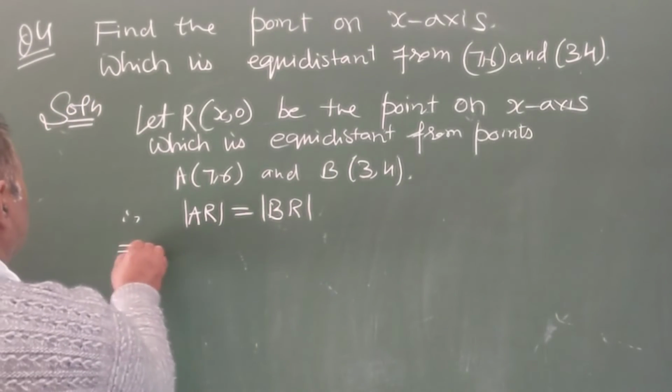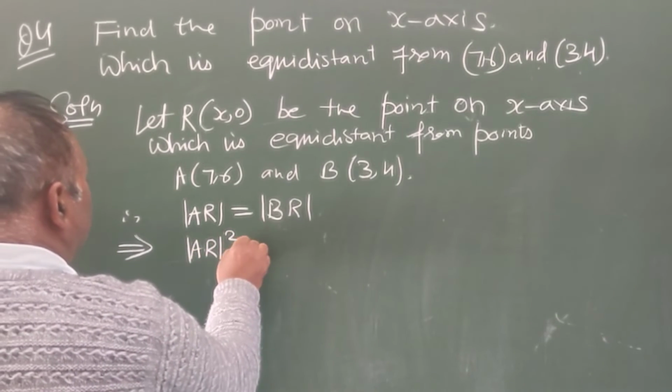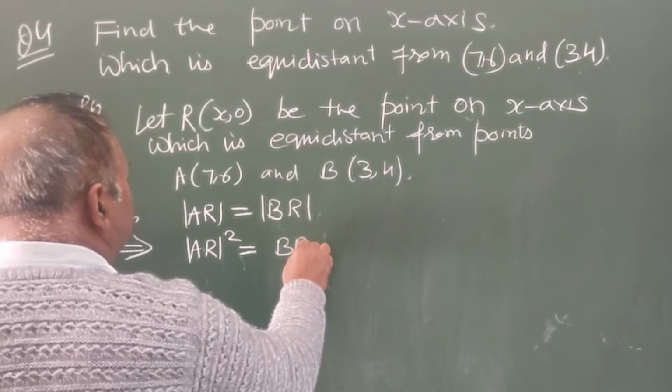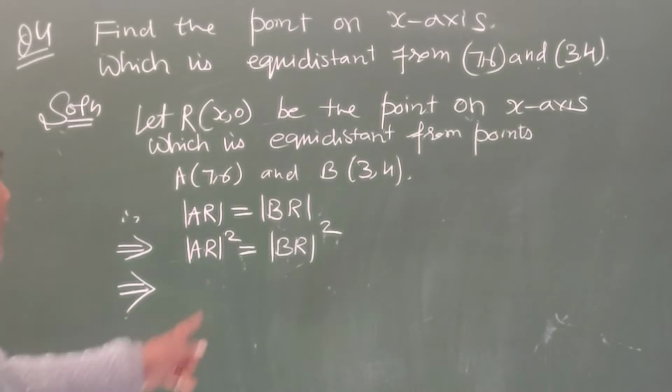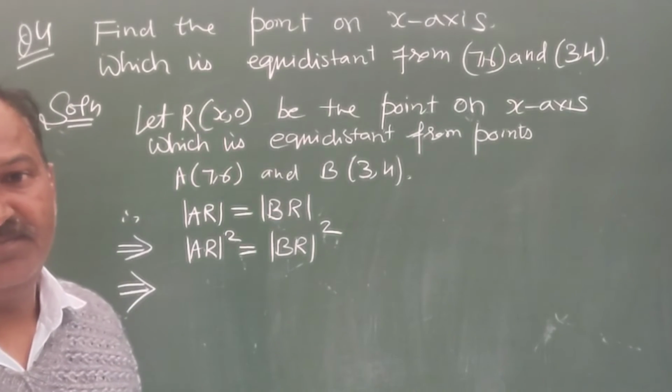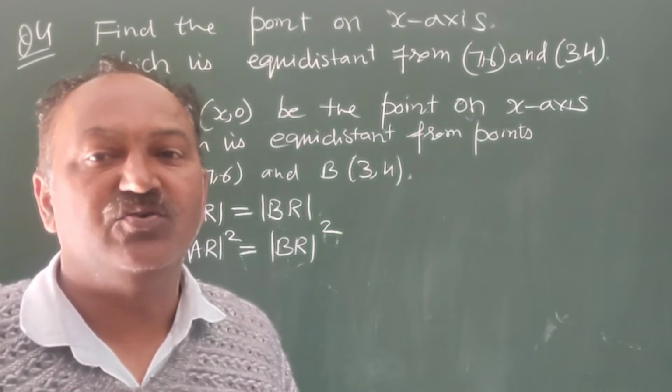Squaring, we get AR square and BR square. Applying the distance formula from A and R, square root of (x2 minus x1) whole square plus (y2 minus y1) whole square.